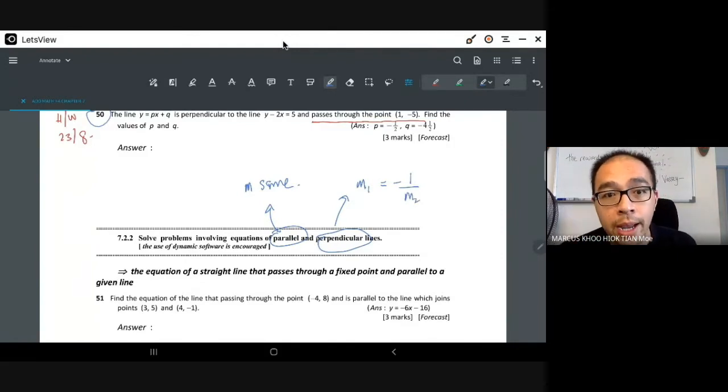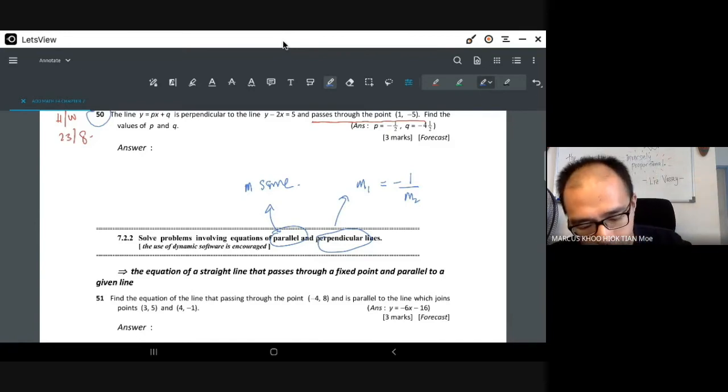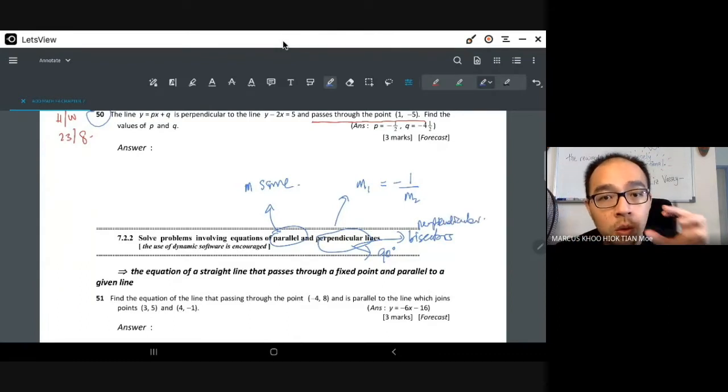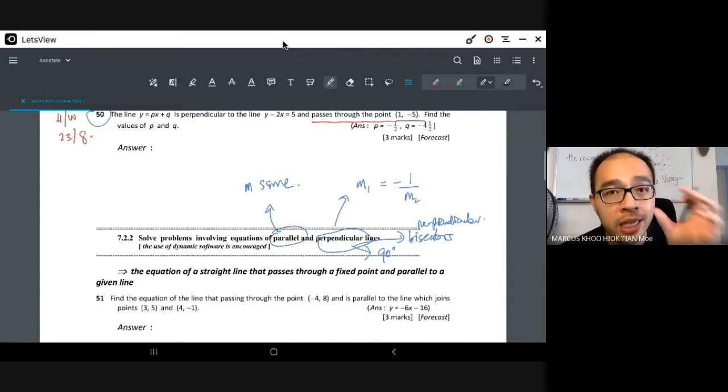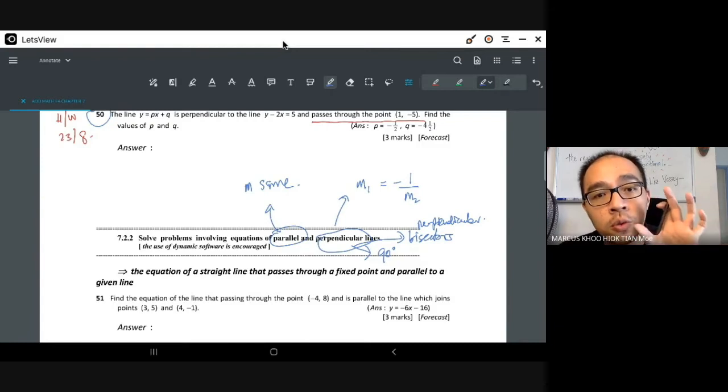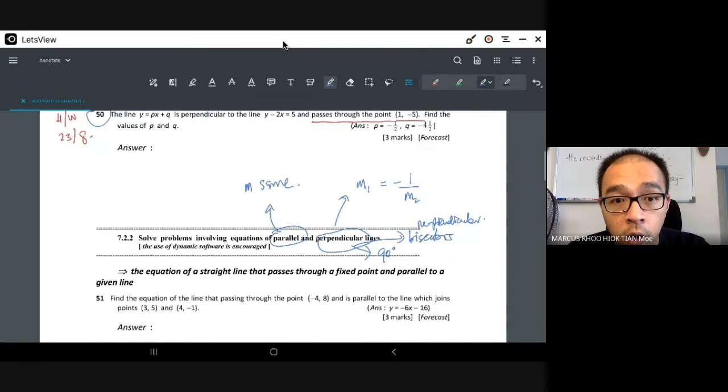Perpendicular lines have many types of words: they form 90 degrees, they are bisectors, perpendicular bisectors. We will see all this in a little while. Sometimes the word perpendicular may not appear in the question, but we have to look for all the keywords that help us know whether the two lines are perpendicular or parallel.